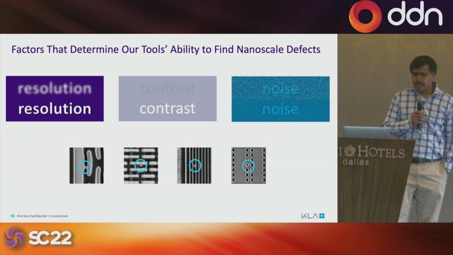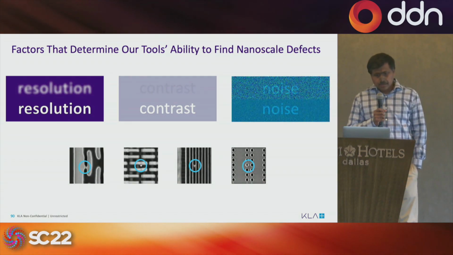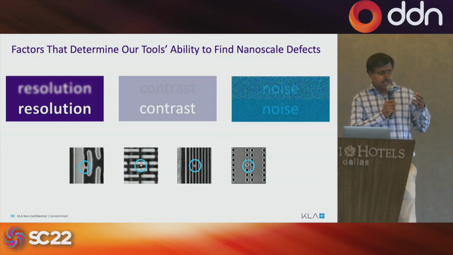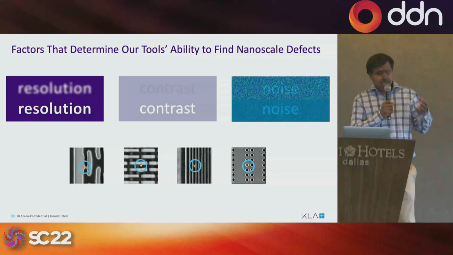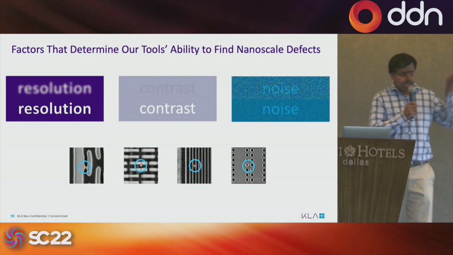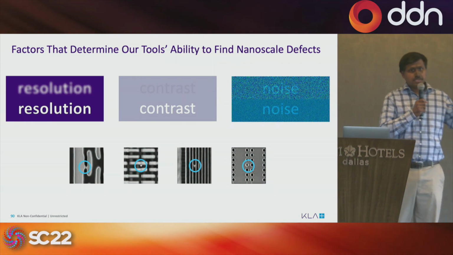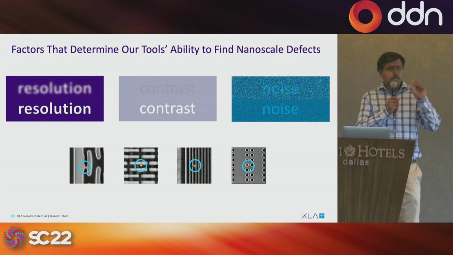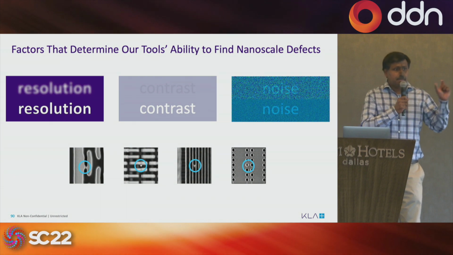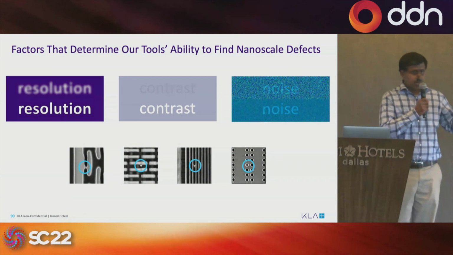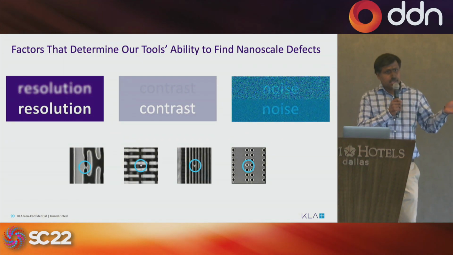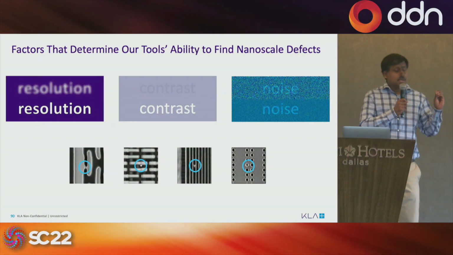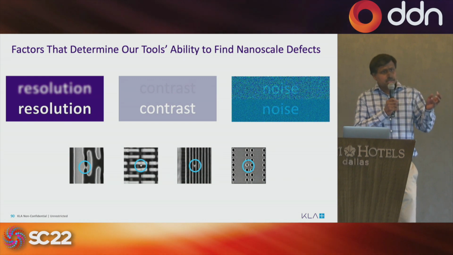So we talked about finding defects at nanoscale. To find defects at that scale, you need really high resolution. High resolution means you have to use very small wavelengths, so go into deep ultraviolet. If you go to really small wavelengths, what does that mean? The trade-off there is less penetration.